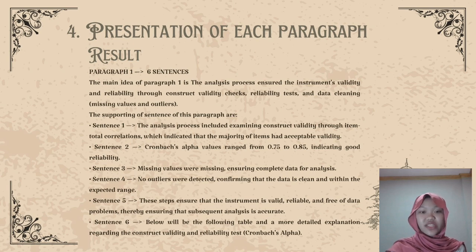Sentence 4 contains no outliers were detected, confirming that the data is clean and within the expected range. Sentence 5 contains these steps ensure that the instrument is valid, reliable, and free of data problems, thereby ensuring that subsequent analysis is accurate.